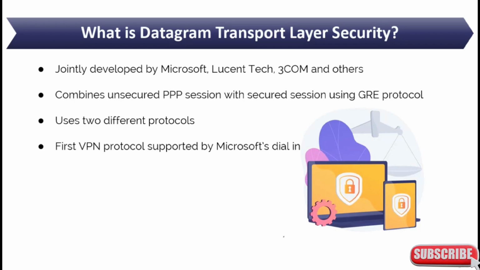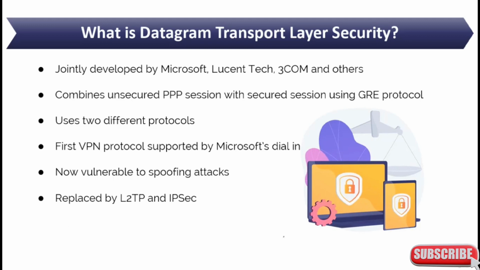But as a matter of theory, you should always have knowledge of these protocols, as it was the first VPN protocol supported by Microsoft. Now, as you'd probably expect from a first generation security protocol, it is nowadays really vulnerable to spoofing attacks, and is pretty much being replaced by L2TP, that is Layer 2 Tunneling Protocol, and IPsec, the Internet Protocol Security.